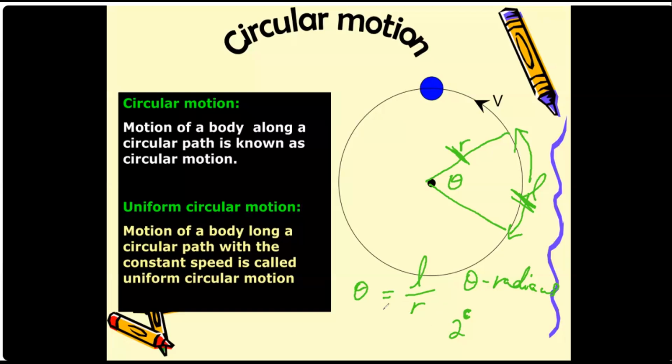If you want to know the angle subtended in the middle there, it's the ratio of the length of the arc over the radius of the circle. This is the angle in radians.